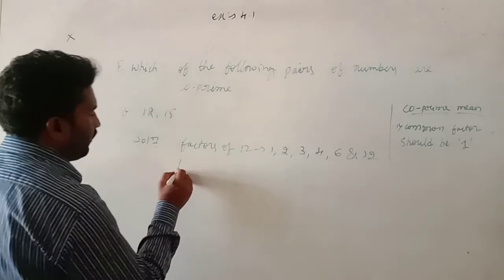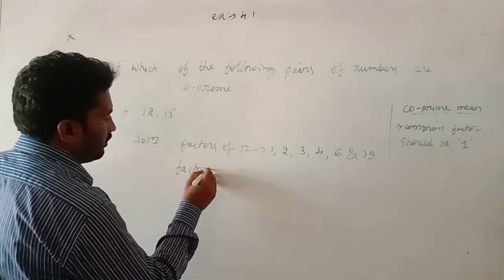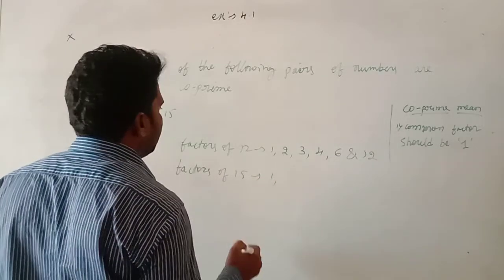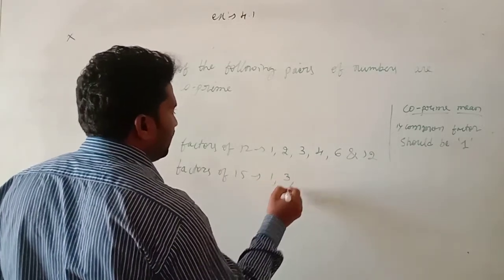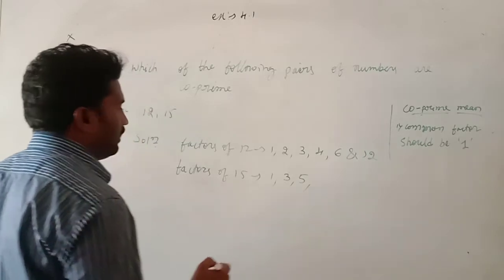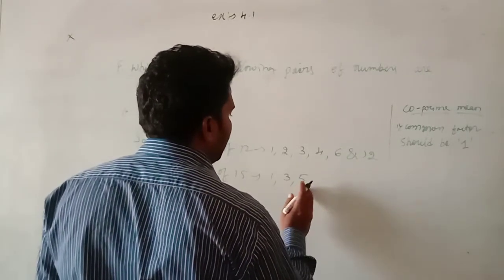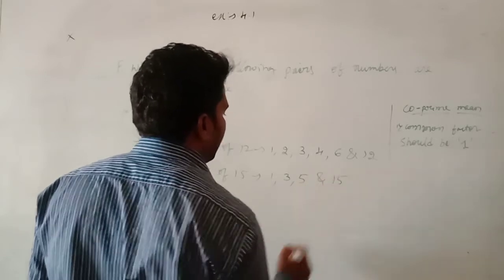And what are the factors of 15? It can be divided by 1, by 3, by 5, 5 times 3 is 15, and 15.